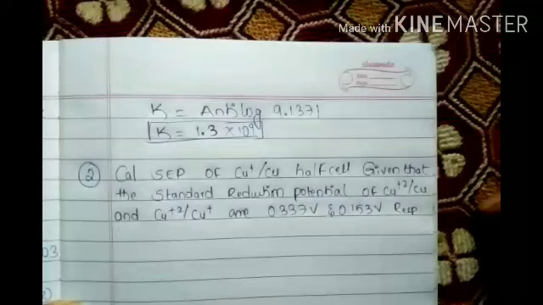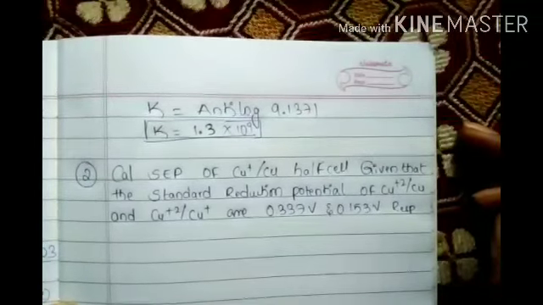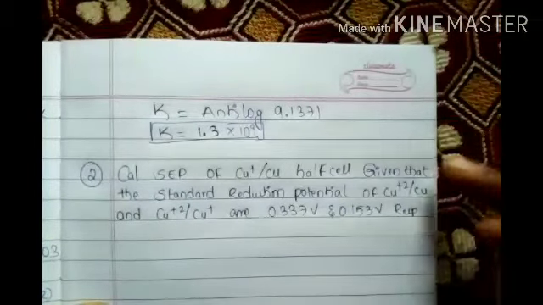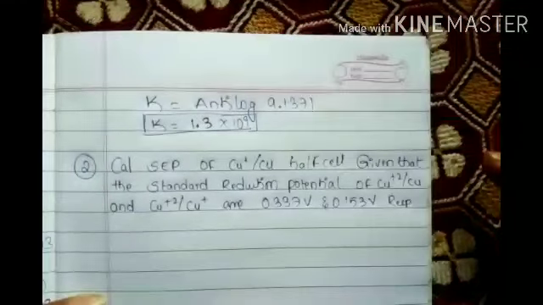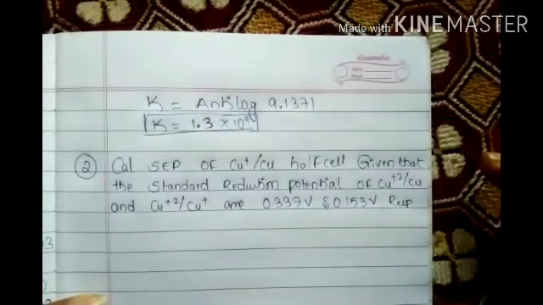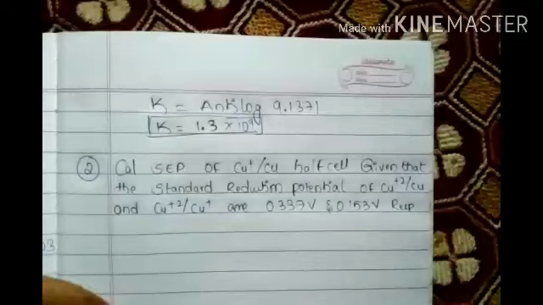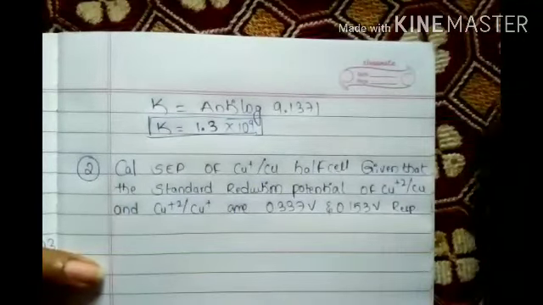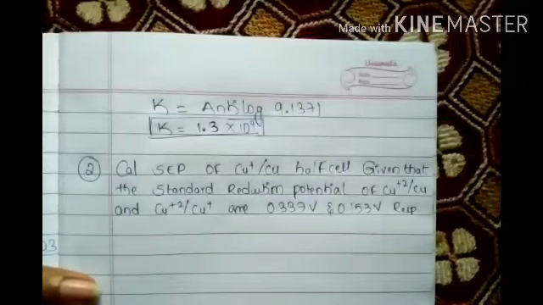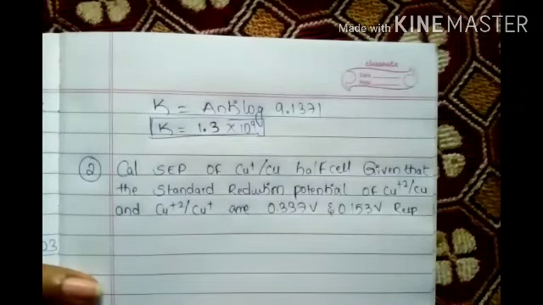Okay, next problem. Calculate the standard electrode potential of the Cu+ and Cu cell, given that the standard reduction potentials of Cu2+ to Cu and Cu2+ to Cu+ are 0.337 volt and 0.153 volt respectively. Okay, so here they have given two E naughts.